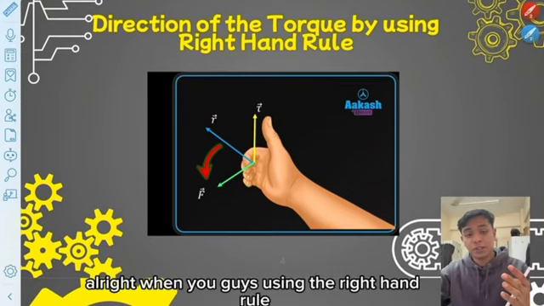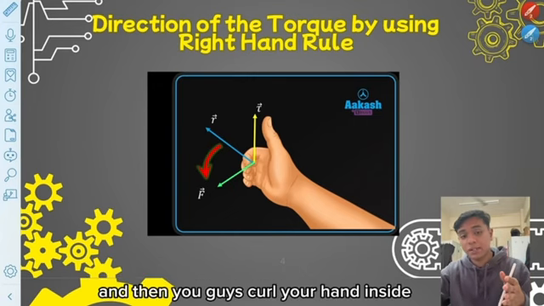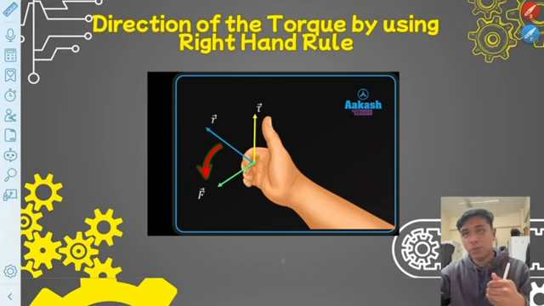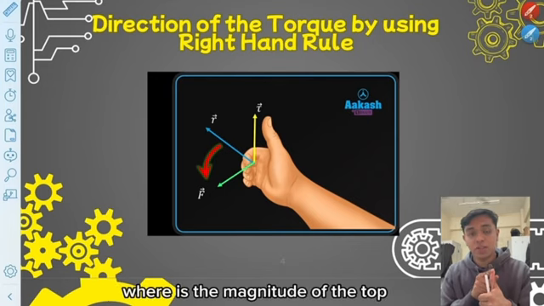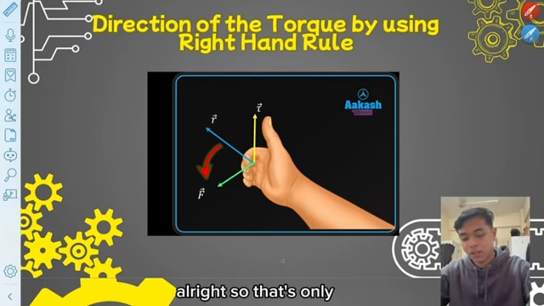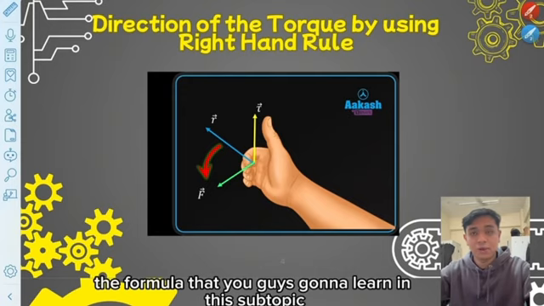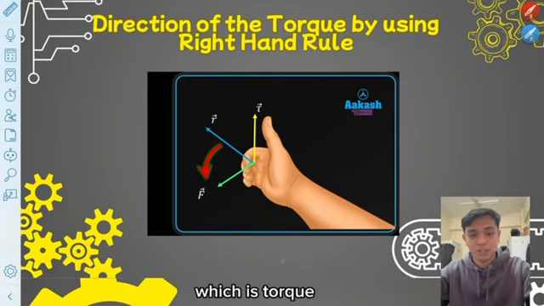When you use the right hand rule and curl your hand following the direction of rotation, your thumb will show the direction of the torque. So that's the only formula that you are going to learn in this subtopic, which is torque.